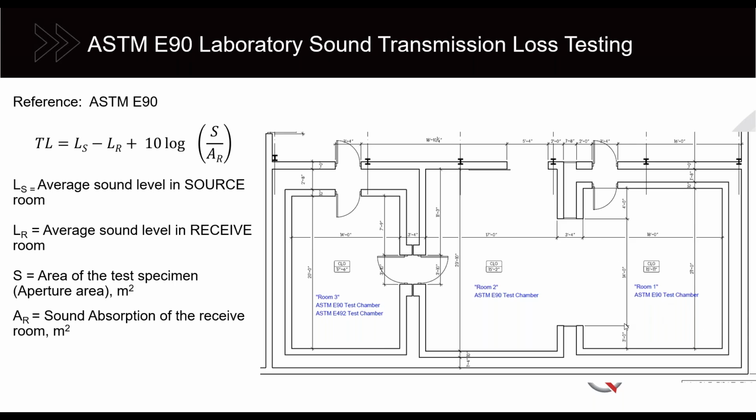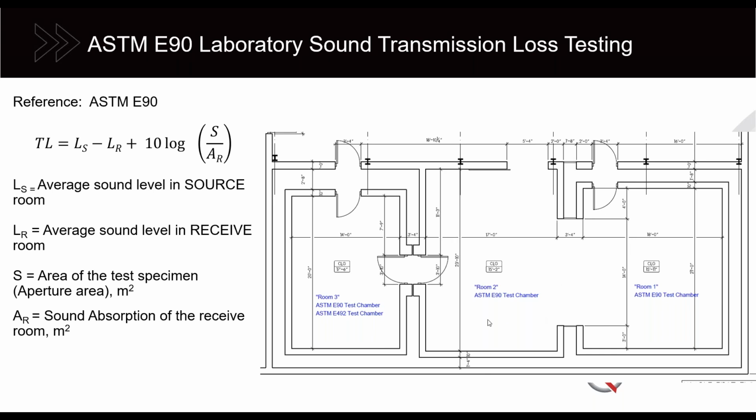And then we measure this average sound level, spatial and time average, in that chamber. And then we make another measurement on the other side. And then we correct for the area of the sample and the presence of sound absorption in the receive room. There's also an ambient noise correction, but in a lab condition, that's almost negligible. So that process tells us that all the sound that we're measuring in this receive room is coming through the sample because we've isolated all other paths that sound could take around it.